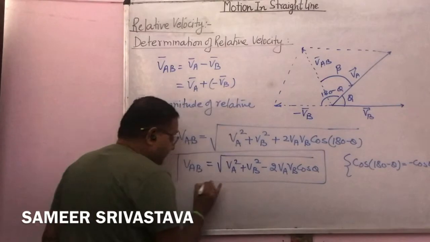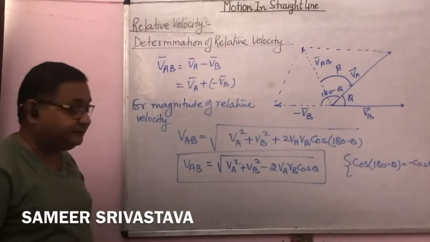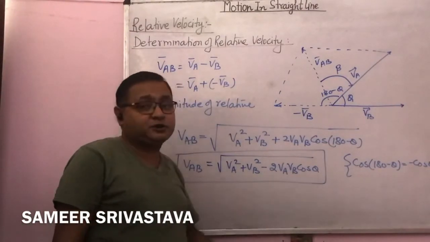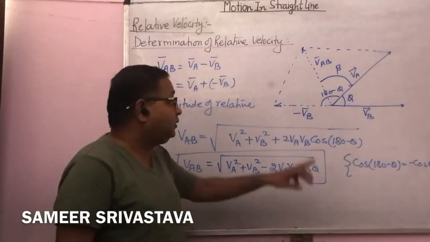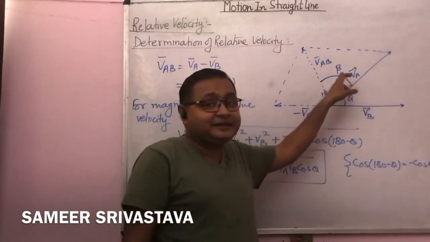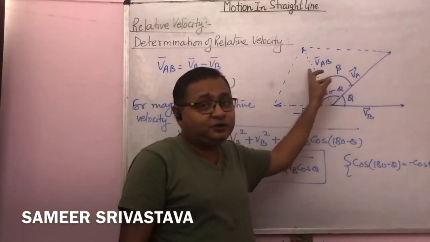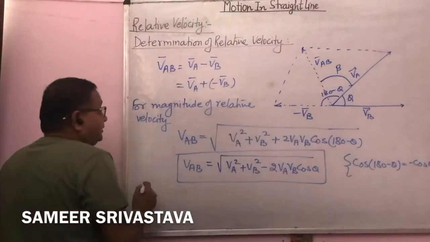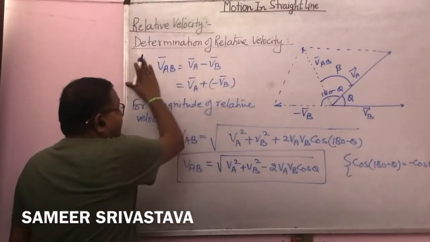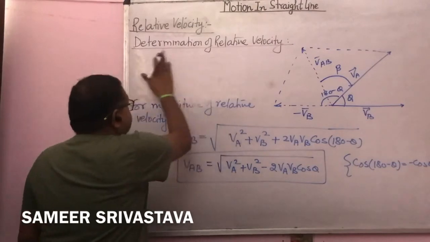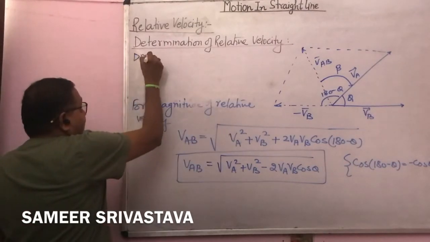Now this is the formula to find the magnitude of the relative velocity if the angle and velocities of two objects are given. Now if you want to find the direction of the resultant, or the direction of the relative velocity, I am going to write: direction of relative velocity.